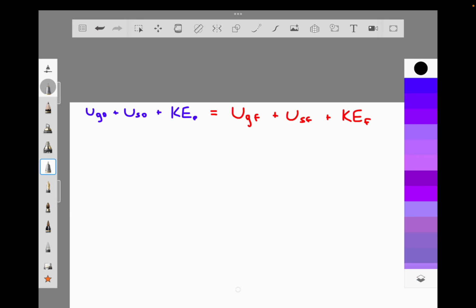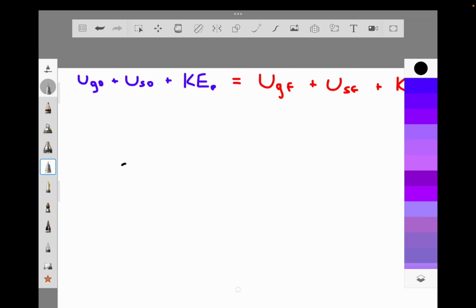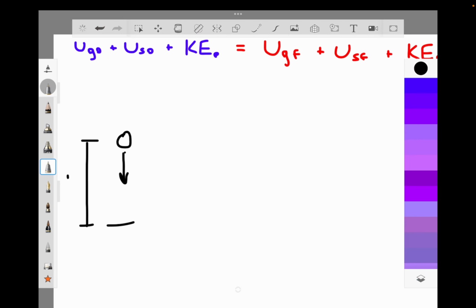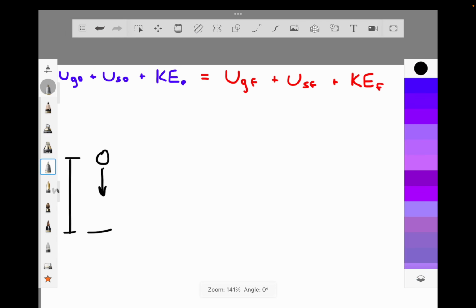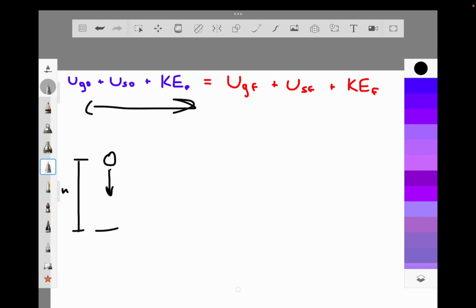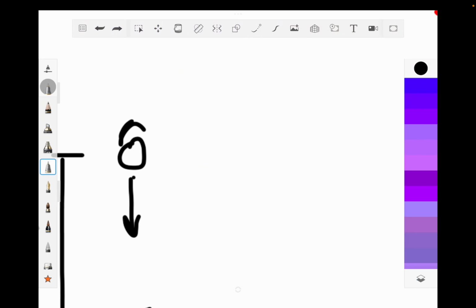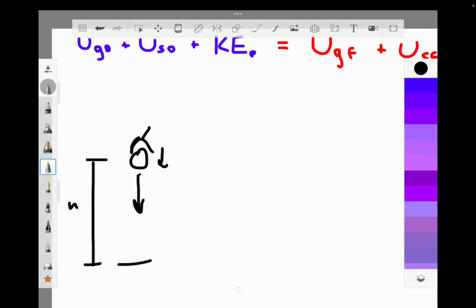If you have a ball dropping and you're asked to find the velocity just before it hits the ground, you would look at these values. Let's say it's initially stationary, so someone's holding it and then drops it.